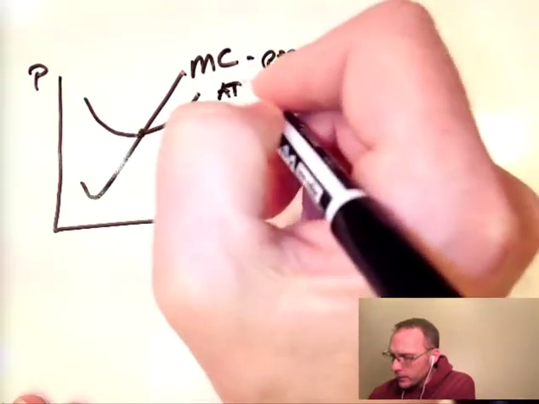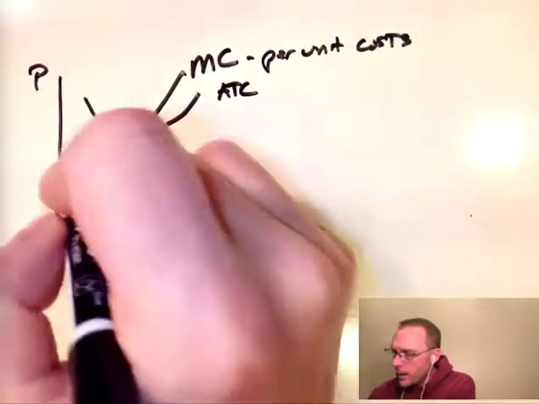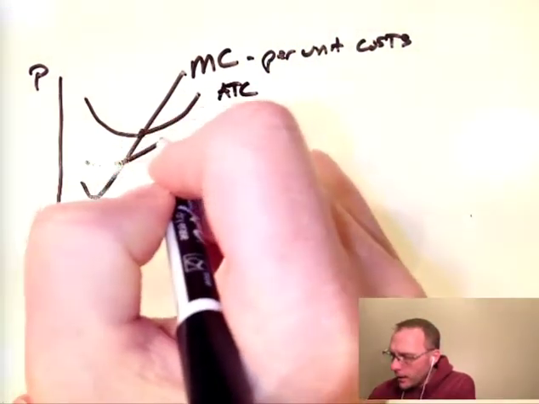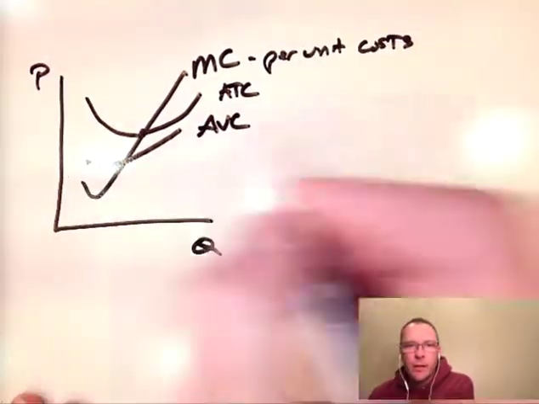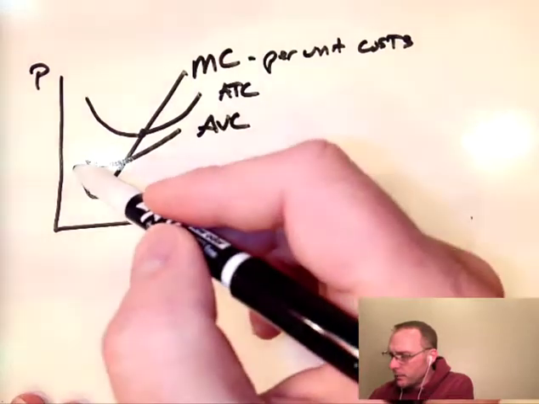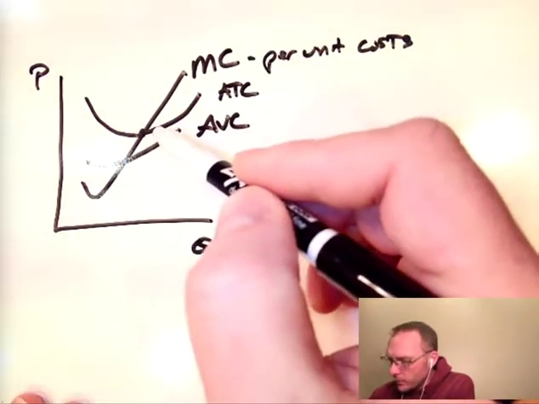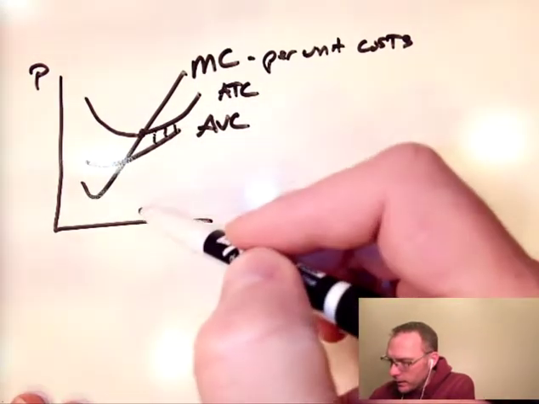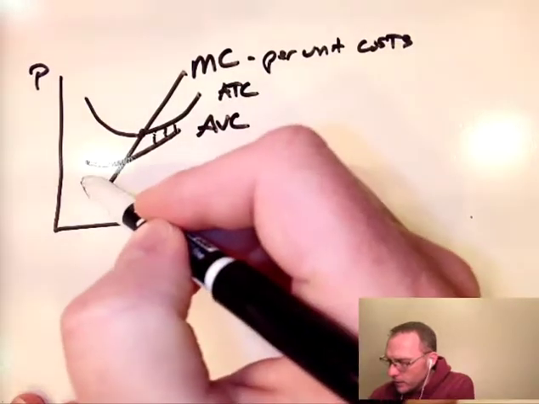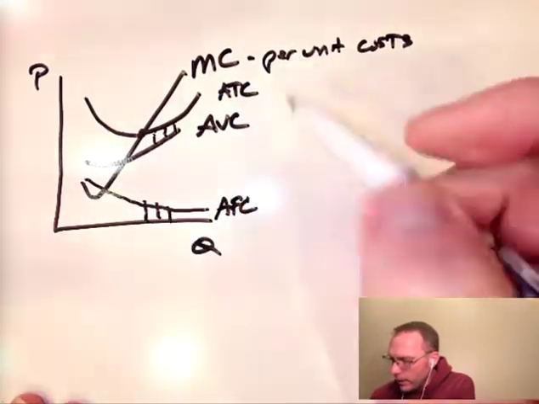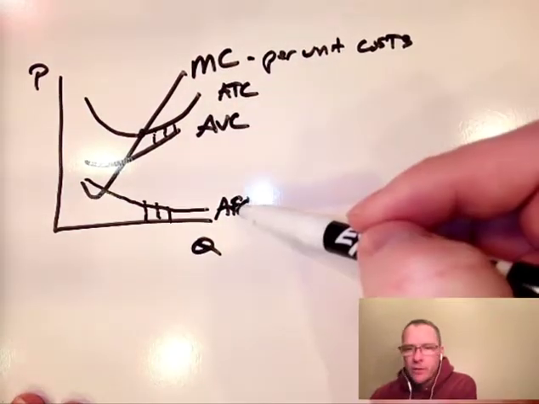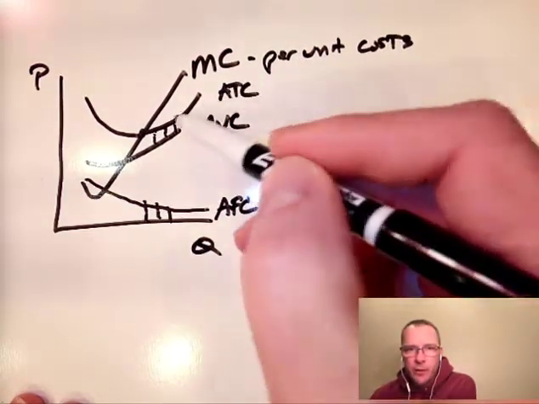So this is my smiley face, my average total cost. And then I got my average variable cost, which is going to be sort of smirky looking, because what's really happening is this vertical distance right here is my fixed cost on average averaging away. So remember, your average fixed cost plus your average variable cost equals your average total cost, right?